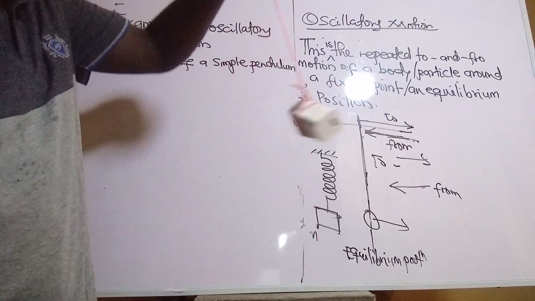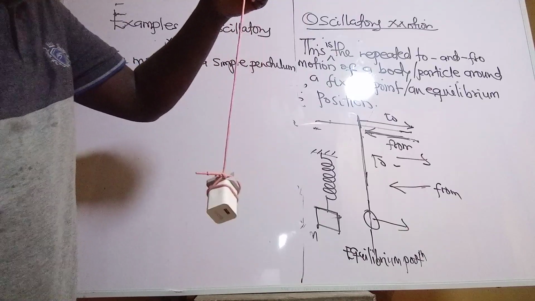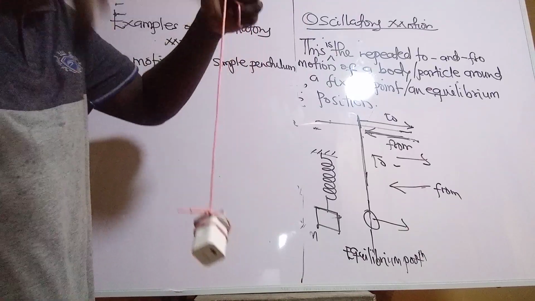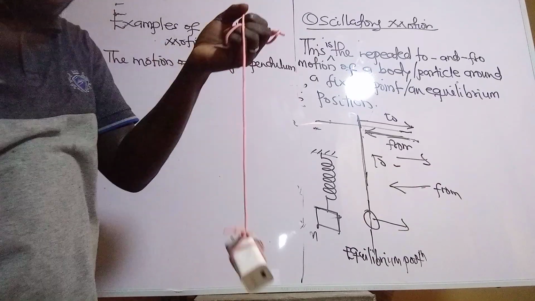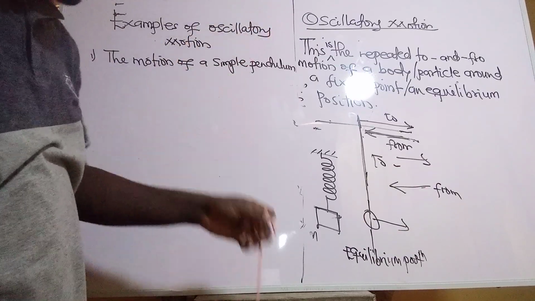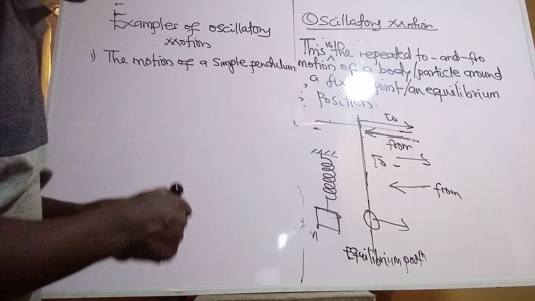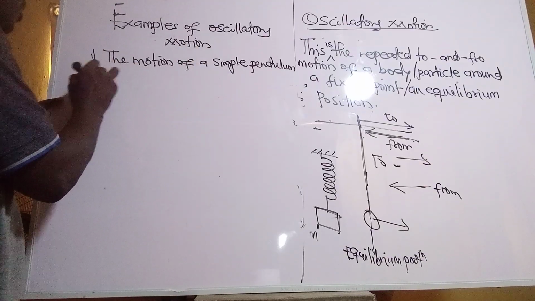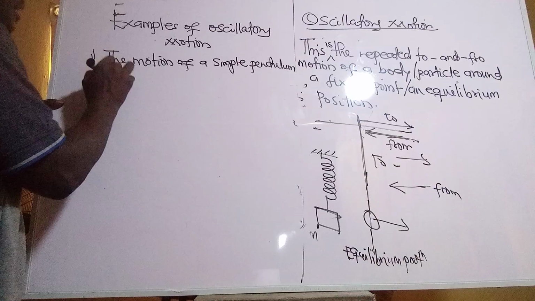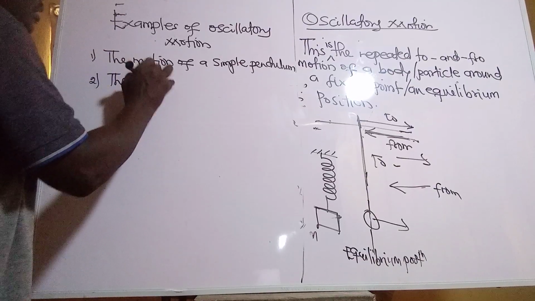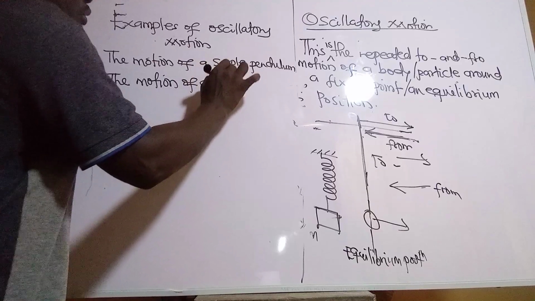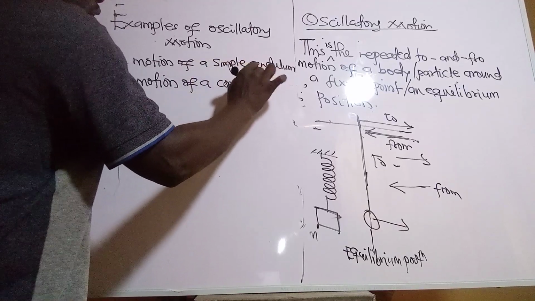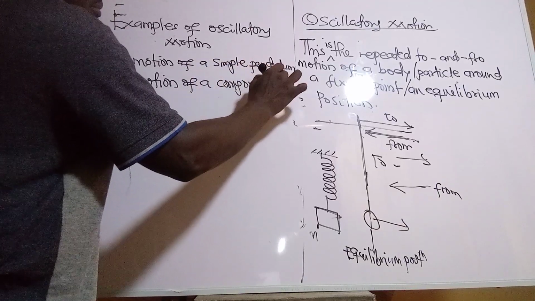So this is a simple pendulum. It isn't any astronomical or foreign kind of thing. You can make your own simple pendulum. Then we have the motion of a compound pendulum.